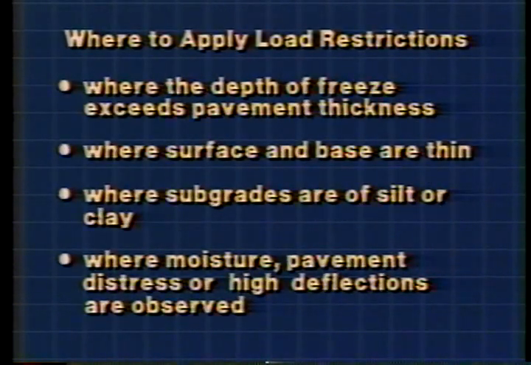The criteria that you should consider when selecting where to use load restrictions include the depth of freeze, which can be determined by the freezing index, the surface and base thickness, whether the pavements are on fine-grained subgrades such as silts and clays, and local experience relating to observed moisture and pavement distress and deflection measurements.